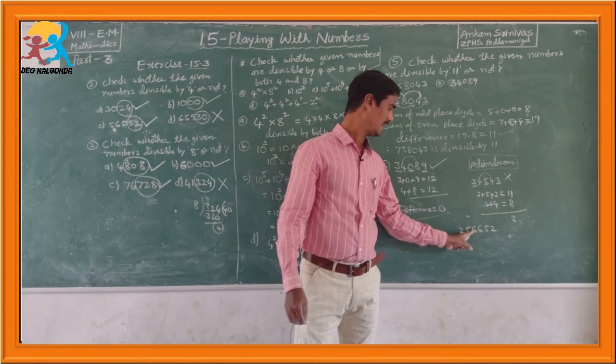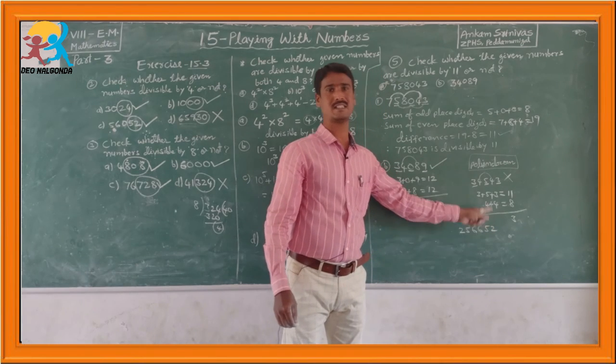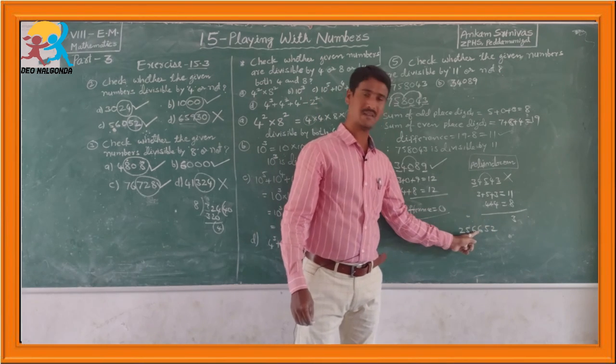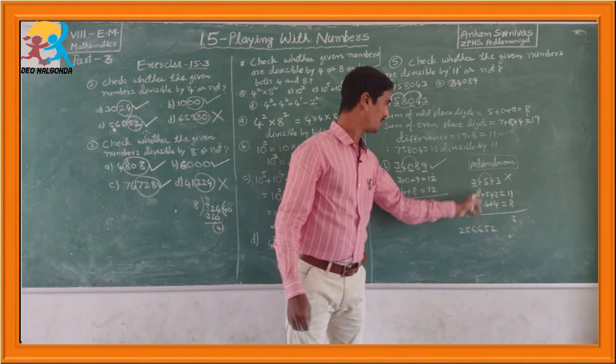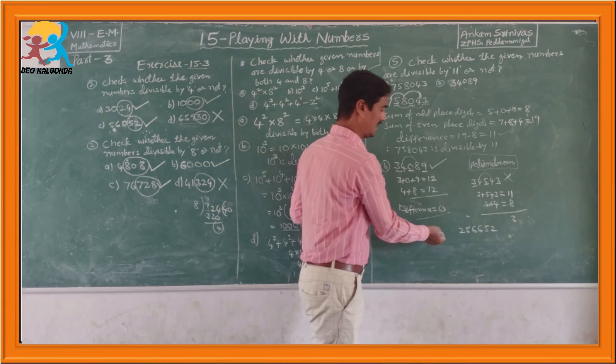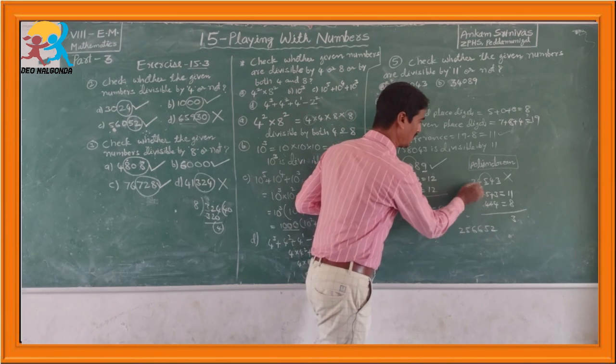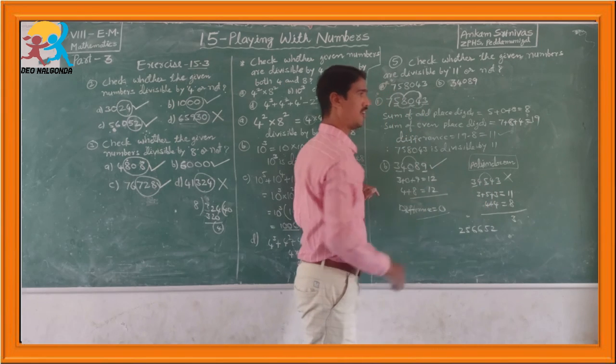If I write the number reversed, and the obtained number is equal to the original number, then that number is called the palindrome number. If I write the reverse, we will get the same number. Here 1, 2, 3, 4, 5, 6 is the even palindrome number. 1, 2, 3, 4, 5 is an odd palindrome number.